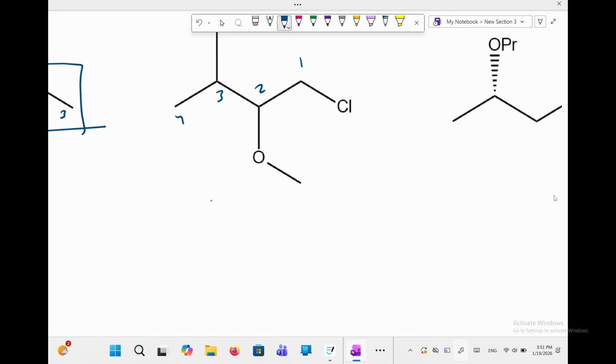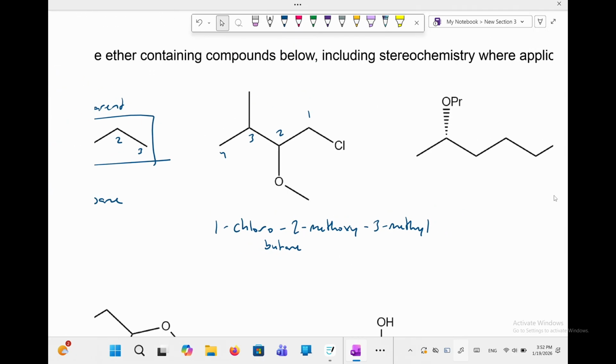So when we name this, it's going to be 1-chloro-2-methoxy-3-methylbutane. There we go.